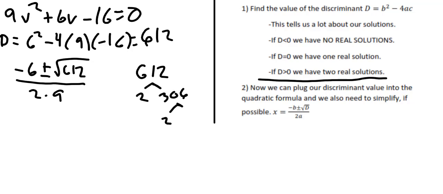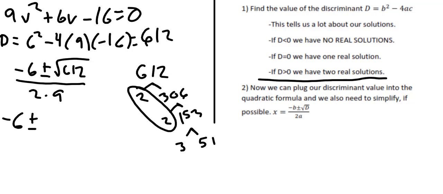And then 306 is 2 times 153. And 153 does have a 3 in it, so you go 3 times 51. 51 is 3 times 17, so we'd only be able to pull this guy out. So we're going to have -6 plus or minus 2 radical 153 all over 18.